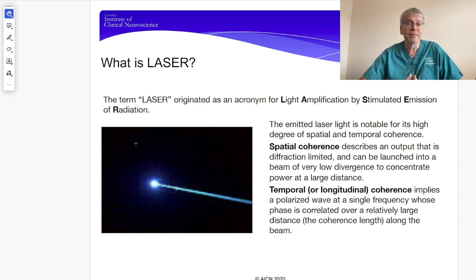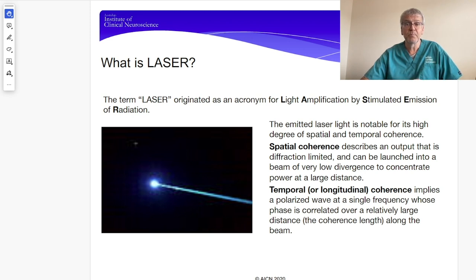First of all, we always want to start at the beginning. What actually is laser? Laser is basically an acronym for light amplification by stimulated emission of radiation. That sounds pretty complicated. So basically, laser has special qualities that normal light doesn't have.